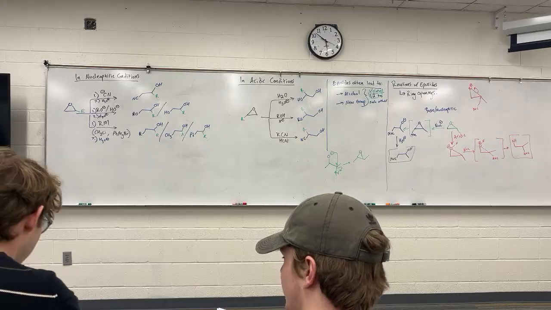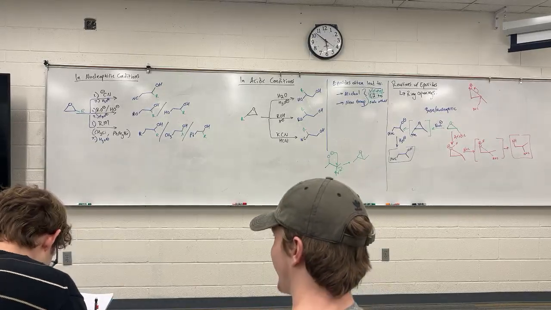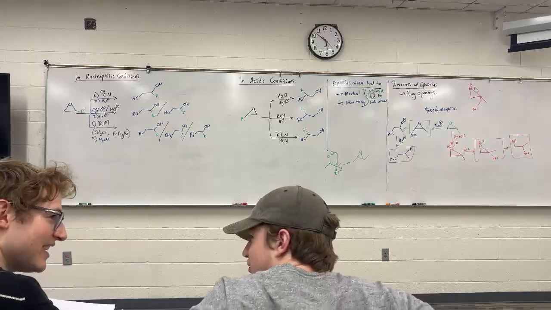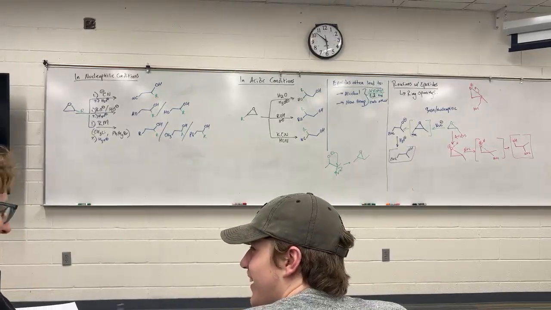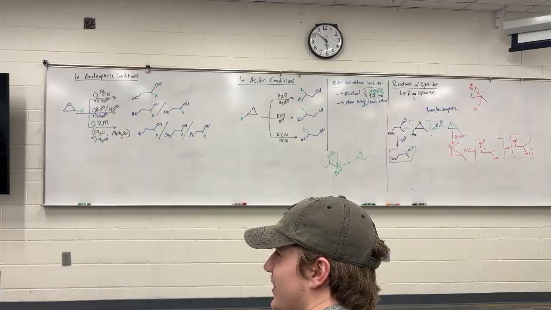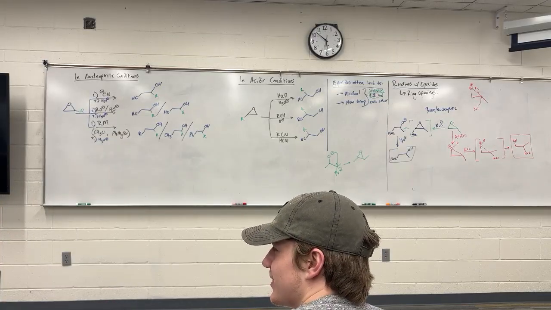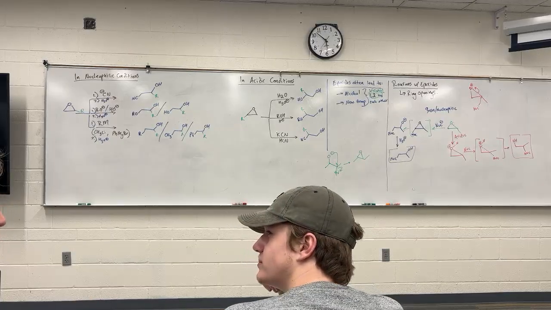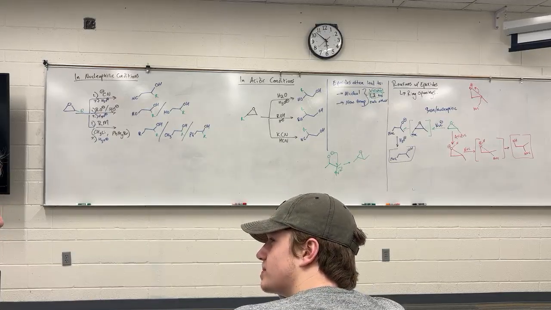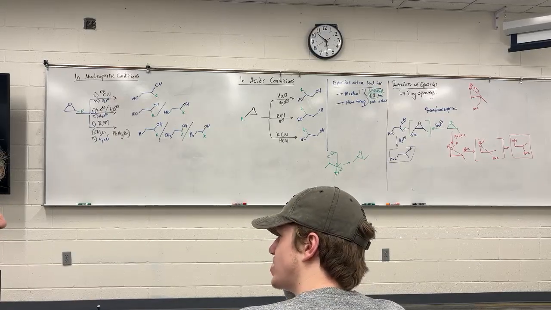Well, for this one, I was thinking NaH, because that would create the alkoxide. Yes, that's exactly what it would look like too. And then it would do this, CN. But here, what you've given me, I think you've tried to combine acidic and basic conditions. It looks like you're giving me basic, but following it up with acid.